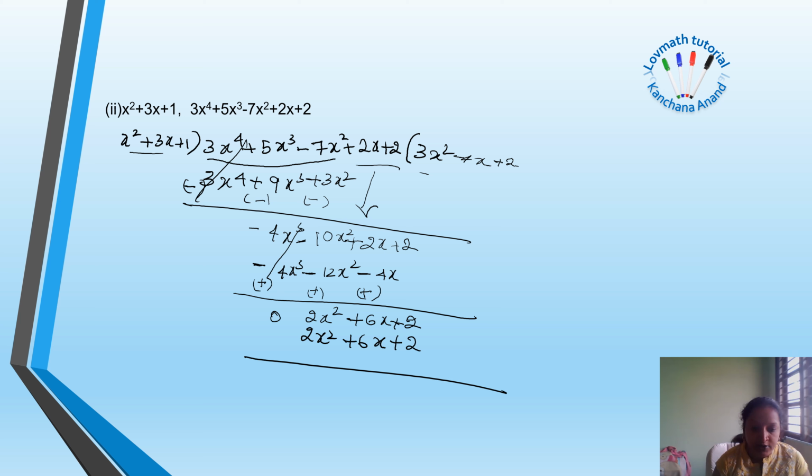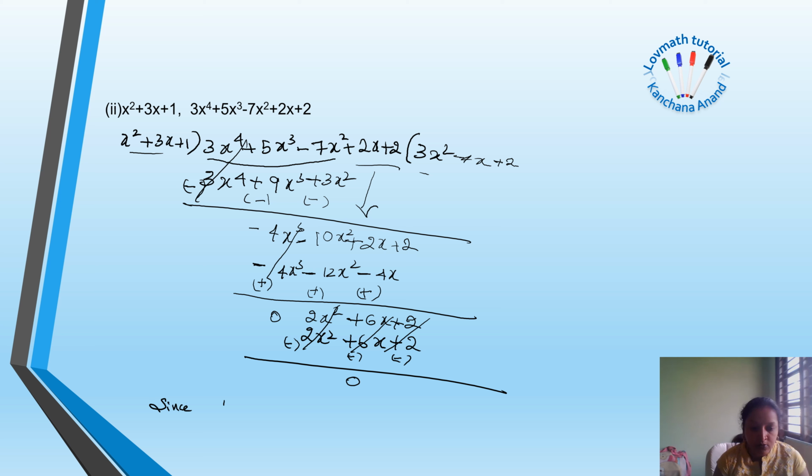Now let us subtract this. So here plus 2x square becomes minus 2x square, plus 6x becomes minus 6x, and here also plus 2 becomes minus 2. 2x square and minus 2x square get cancelled. Here also plus 6x and minus 6x cancel, and plus 2 and minus 2 become cancelled. Therefore the remainder is 0.